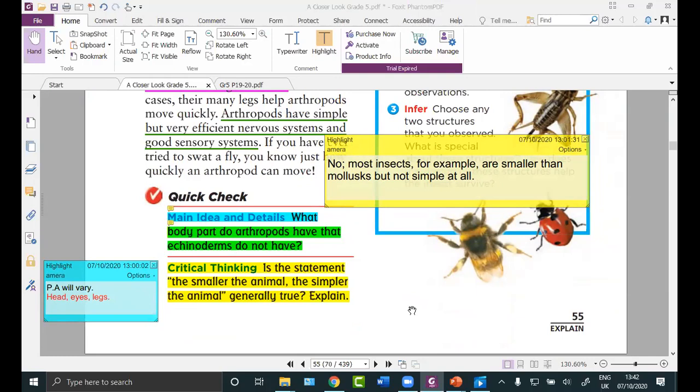Okay, but don't make noise and continue. Next page. Now we are going to the next page.